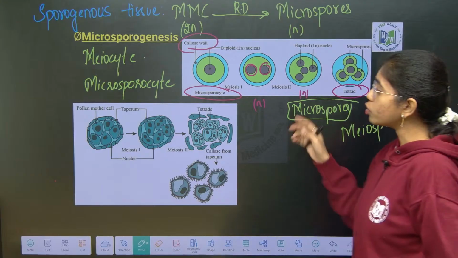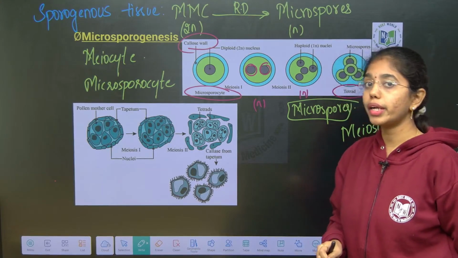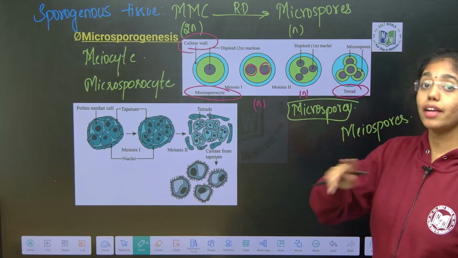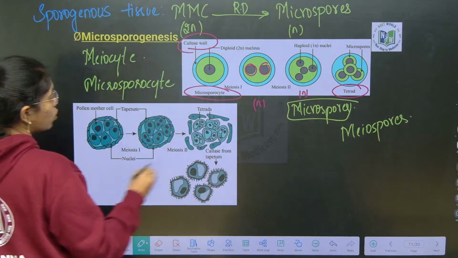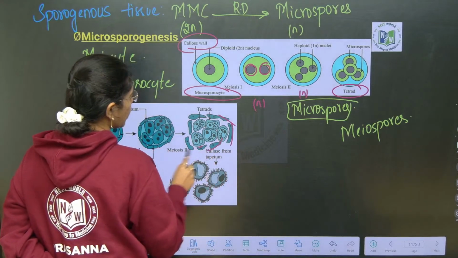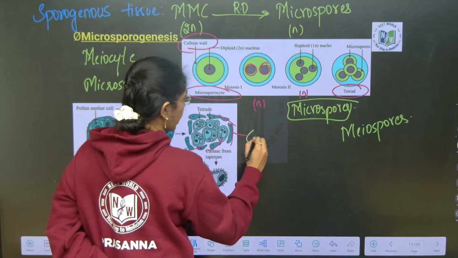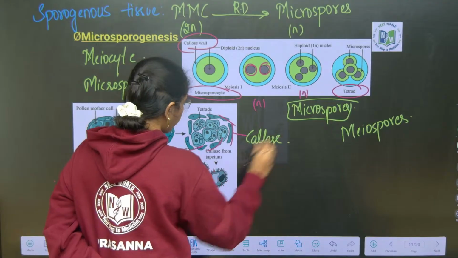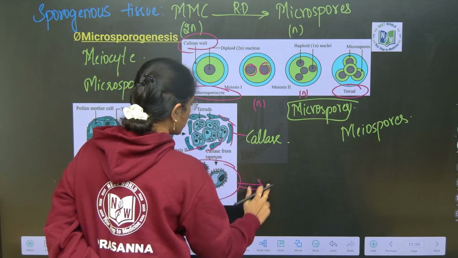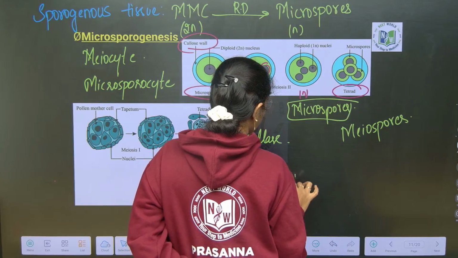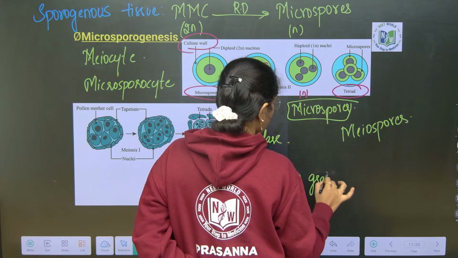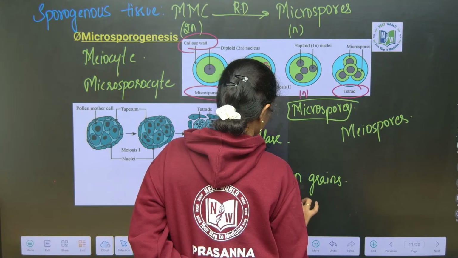Once these microspores mature into pollen grains, the callose wall layer will be degenerated by the enzyme callase, and the pollen grains will be released.